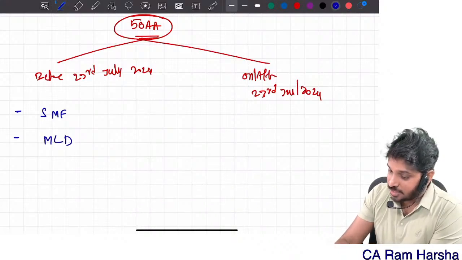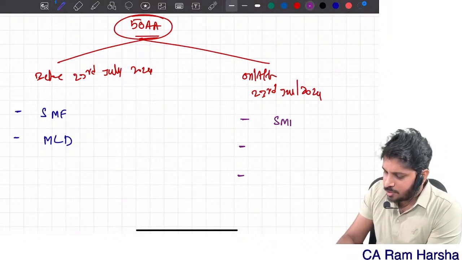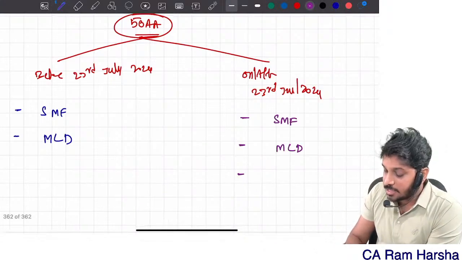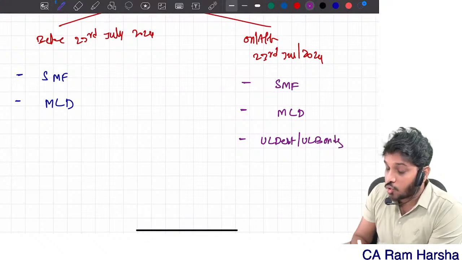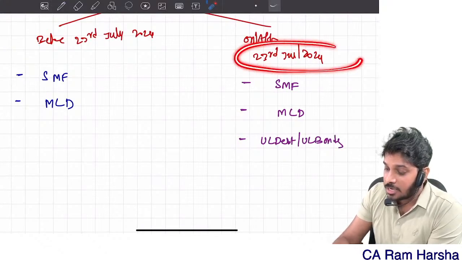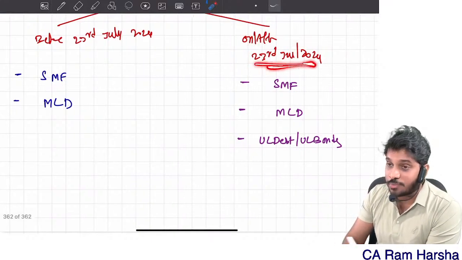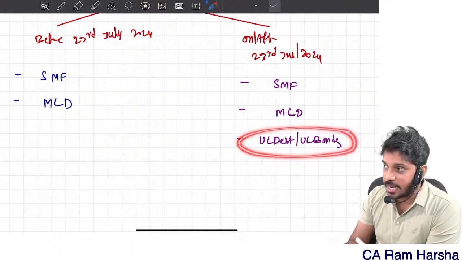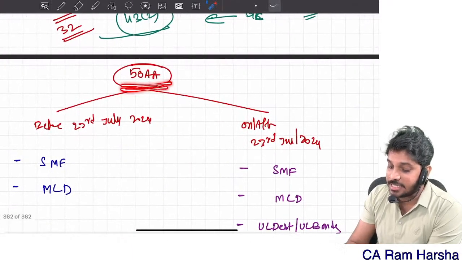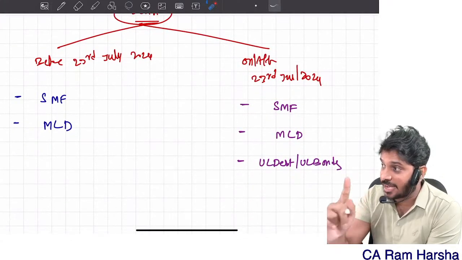Whereas after amendment, specified mutual fund as it is there, market linked debenture as it is there, and unlisted debentures and unlisted bonds were also added with effect from 23rd July 2024, within the purview of 50AA.